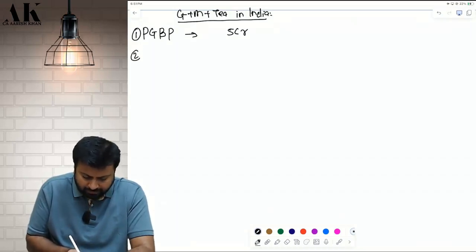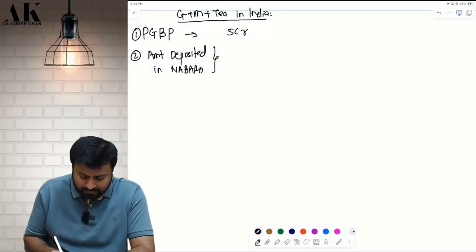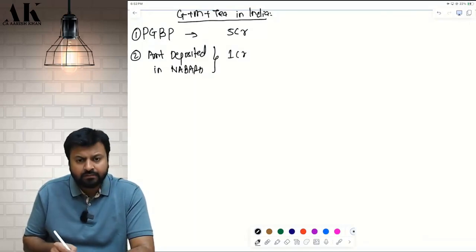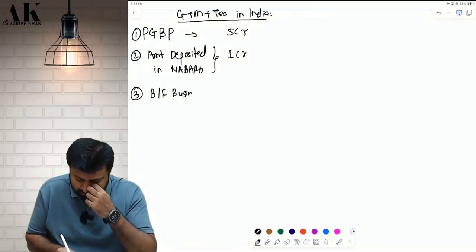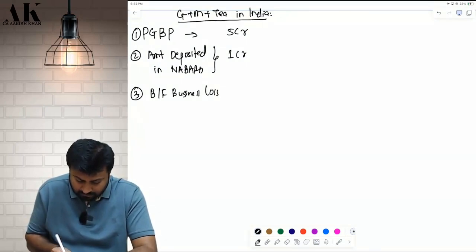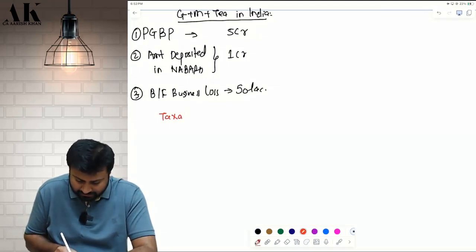Point number two, the amount deposited by him in NABARD is say 1 crore rupees. And he has some brought forward business loss, say of 50 lakhs. Now the question is, how much is his taxable income?